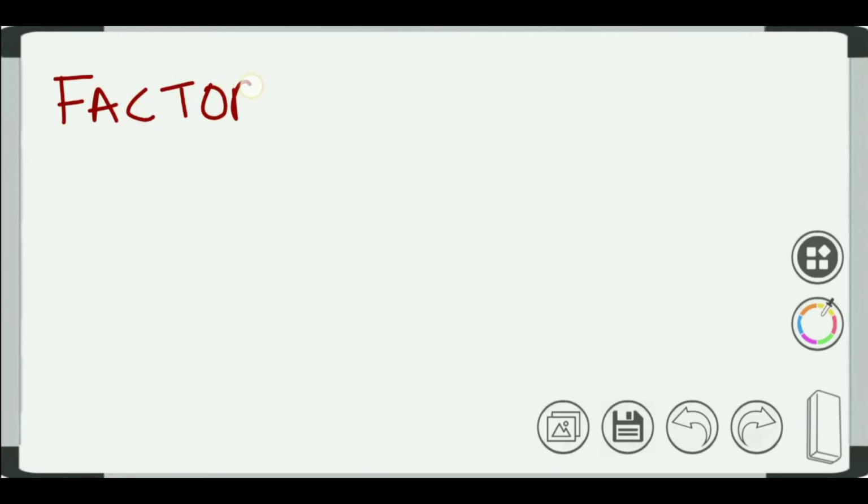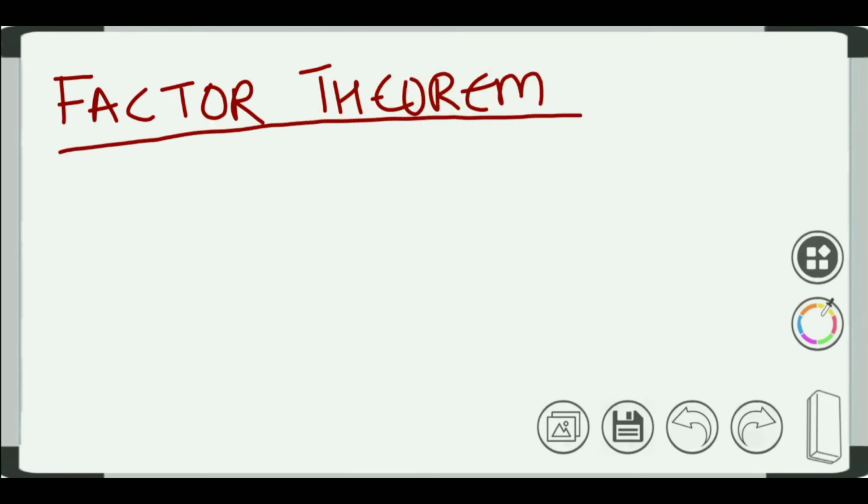Factor theorem. This theorem says if x minus a is a factor of the polynomial P of x, that is, if x minus a is a factor of P of x, it means what?